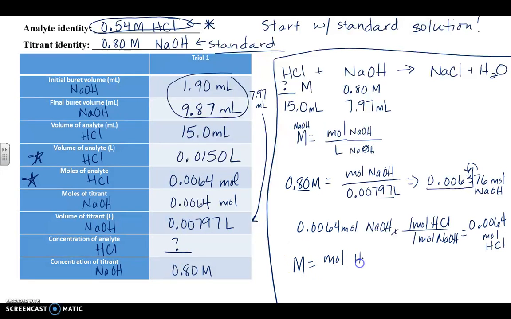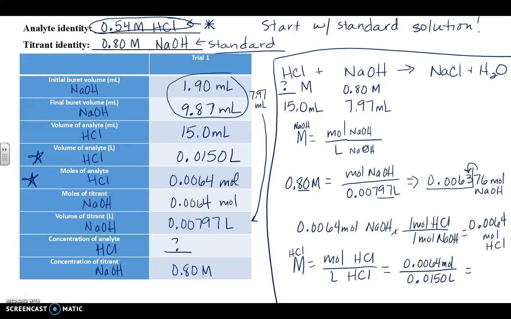Moles of HCl over liters of HCl will give us molarity of HCl. You see how these all match? They can't be different. All right, so moles of HCl, 0.0064 moles over liters of HCl, which is 0.0150 liters.